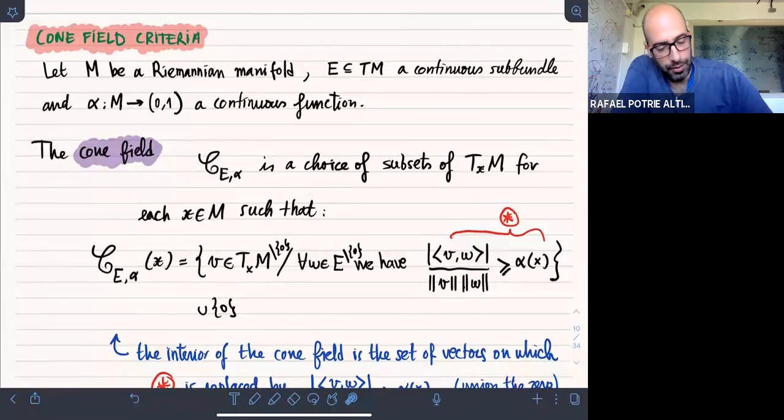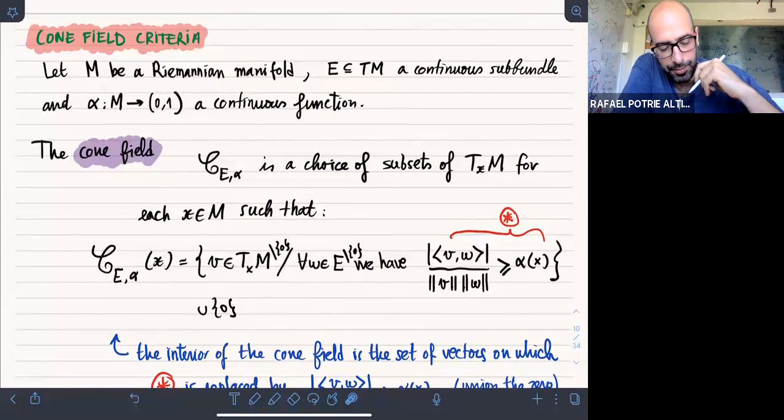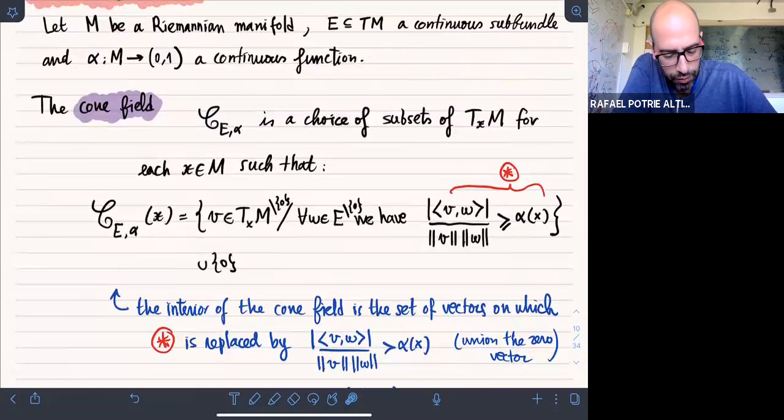Okay, so we take a Riemannian manifold, we take a continuous subbundle E inside the tangent bundle of the manifold, and a continuous function alpha from the manifold to (0,1). This is like an angle. And so we will define a cone field, which depends on this bundle and this angle, to be, for each x in the manifold, the set of vectors which make angle larger than alpha.